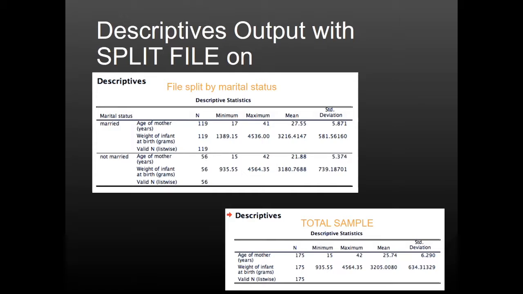So that standard deviation is quite a bit higher than those who were married, where it was 581. So just noticing those differences here, and you can compare it to the total sample values below as well. That's the difference: when you're using split file, you'll see both categories of that variable in your output window.